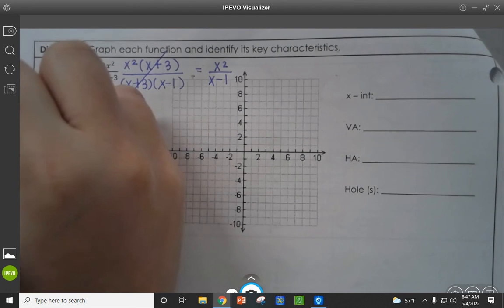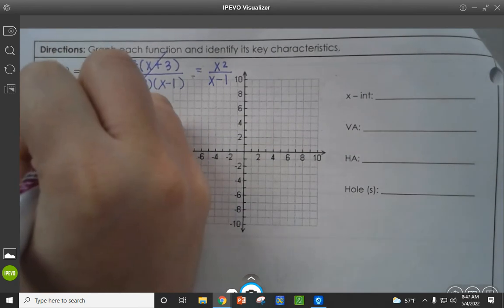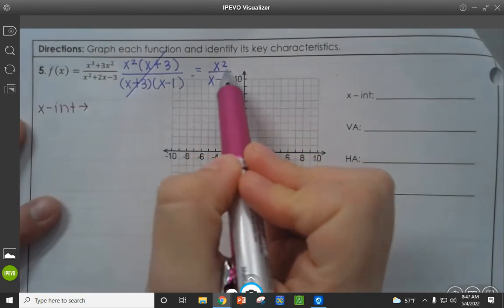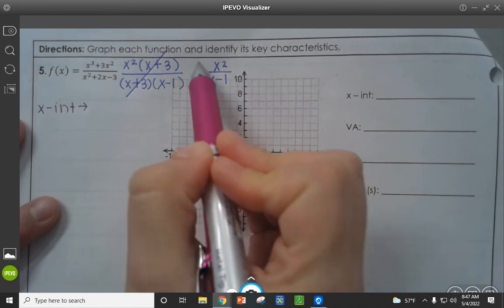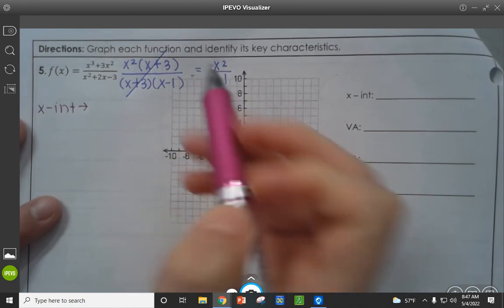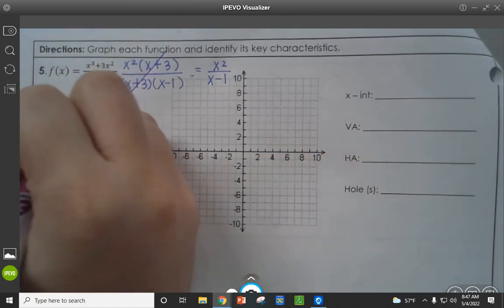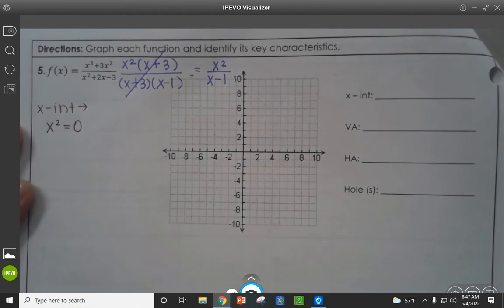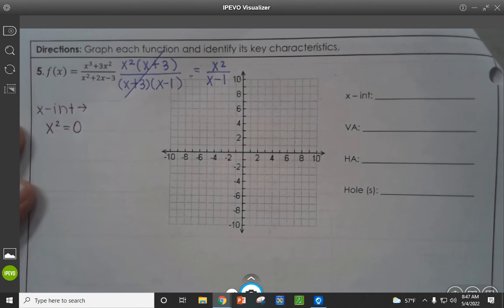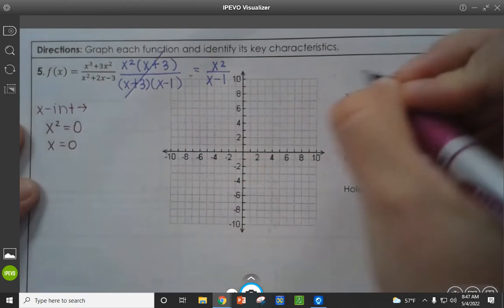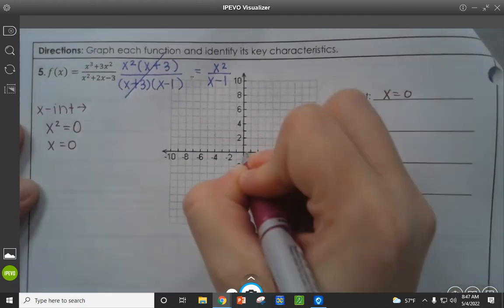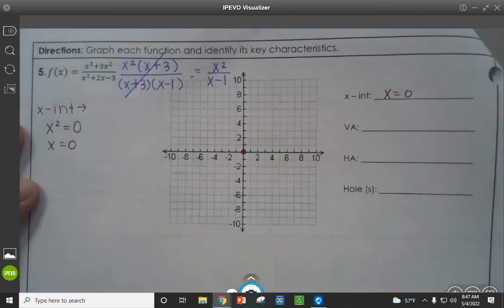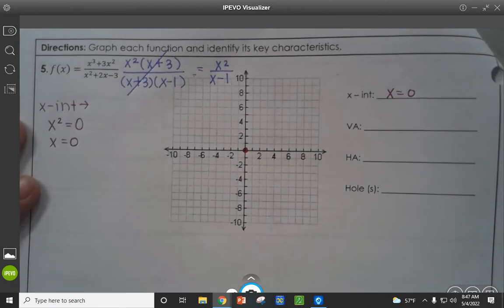So x-intercepts, we're going to set the simplified numerator equal to 0. So x squared equals 0. How do I get rid of a squared? Square root. And what's the square root of 0? 0. So x equals 0. So it's going to actually cross through the origin.